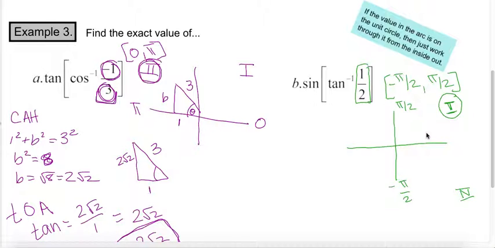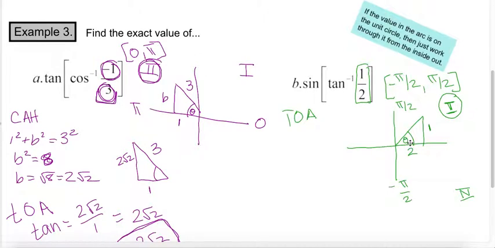We figured out what quadrant we're working in. Now we're going to draw our triangle. We have our angle theta. And so I have tangent of 1 over 2. So again, I've got my SOHCAHTOA. So I have the opposite over adjacent. My opposite side is 1. My adjacent side is 2.